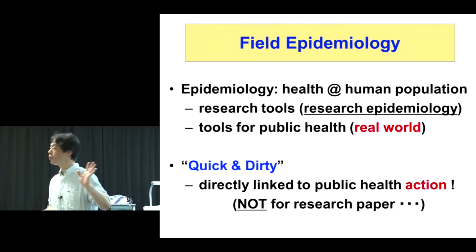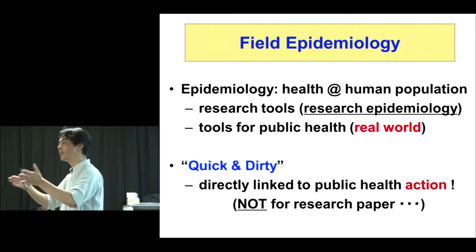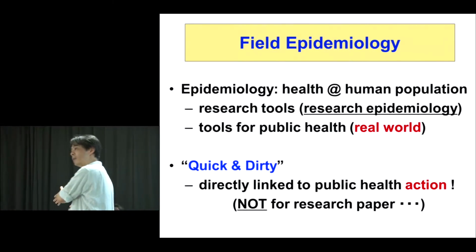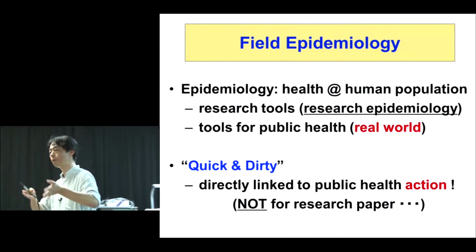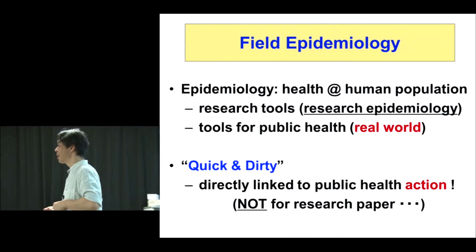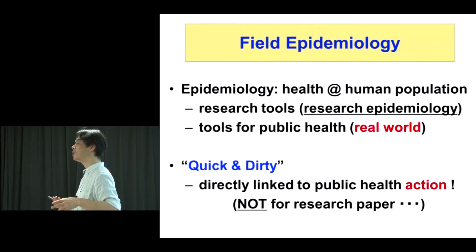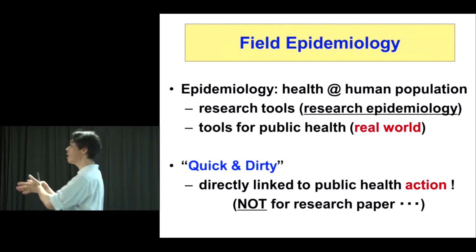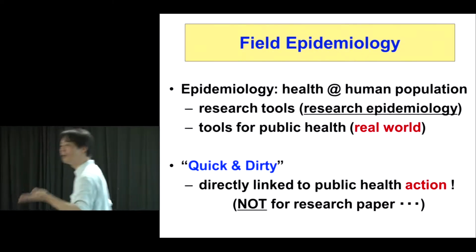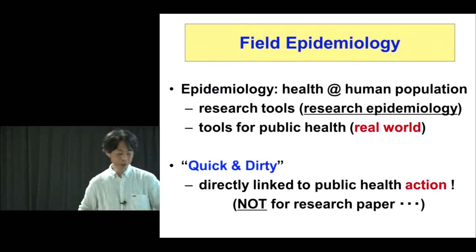Quick and dirty means it's not so exact, not exactly scientific, not exactly statistical. Research epidemiologists often criticize field epidemiologists working in the real field as not rigorous or scientific. But what do you think?